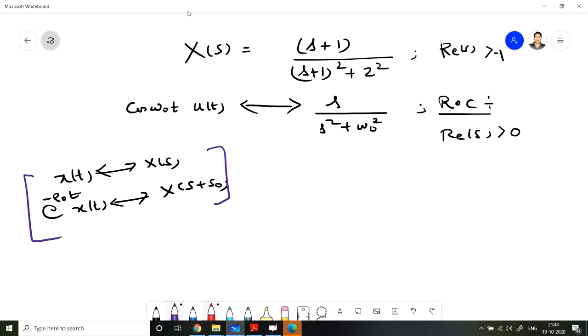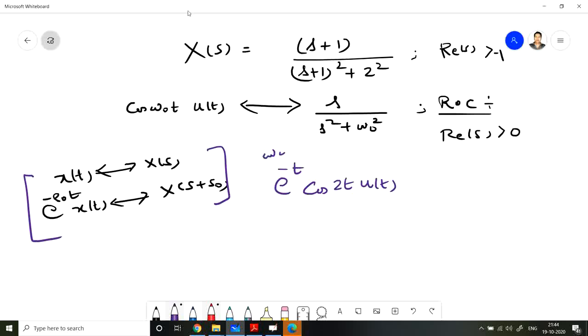So cos omega naught t into u(t) has this Laplace transform. If we multiply it with e raised to the power minus t, that means s naught is equal to 1, because we need s plus 1, then we get e raised to the power minus t cos 2t into u(t).